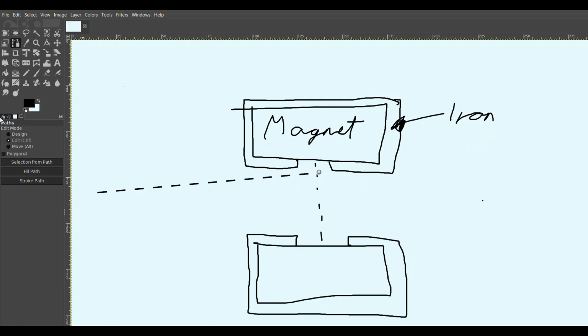Okay, in this part, I don't like GIMP. If that's allowed to say. Why can't I hit? There. Good enough. Stroke path. Solid color. Bam.